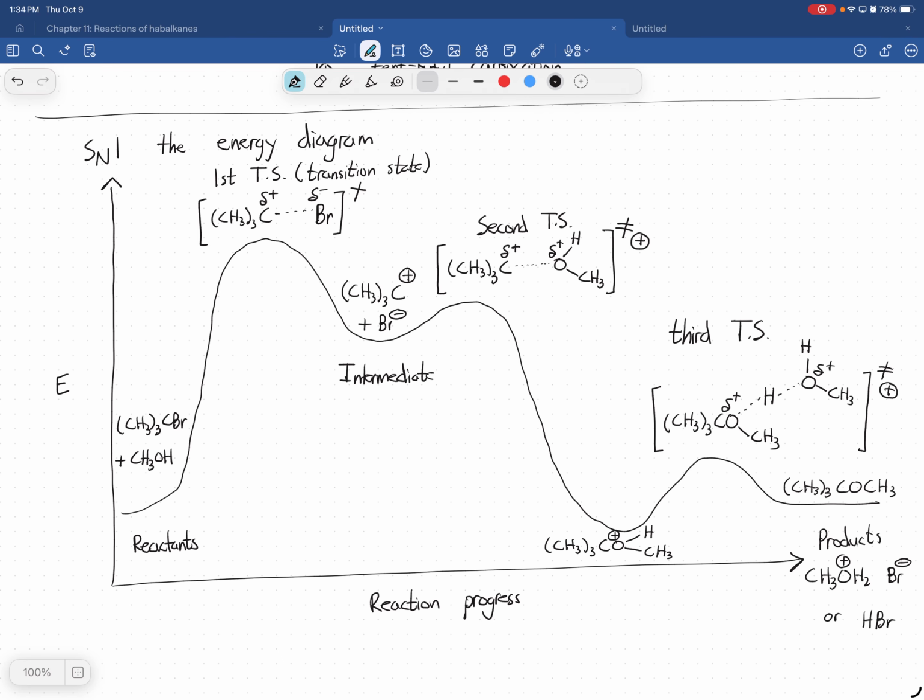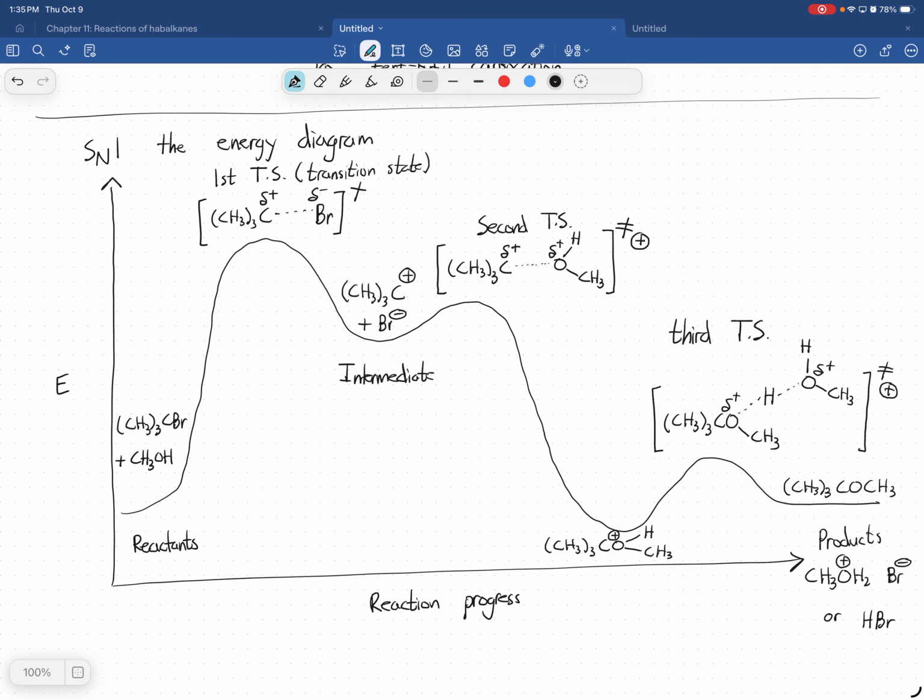Either the solvent will attack the H, because the solvent is a better base than bromide, since bromide is the conjugate base of a strong acid, or you could just write simply HBr as well. You can use Br in the third step if you want, but in our case it doesn't really matter.